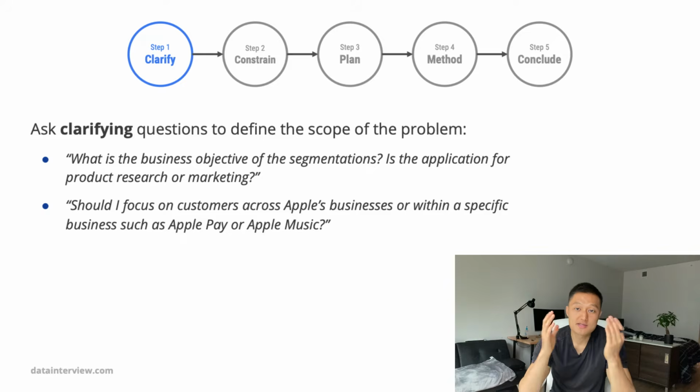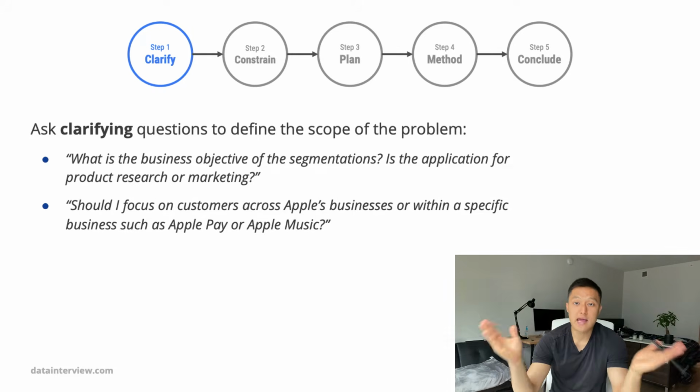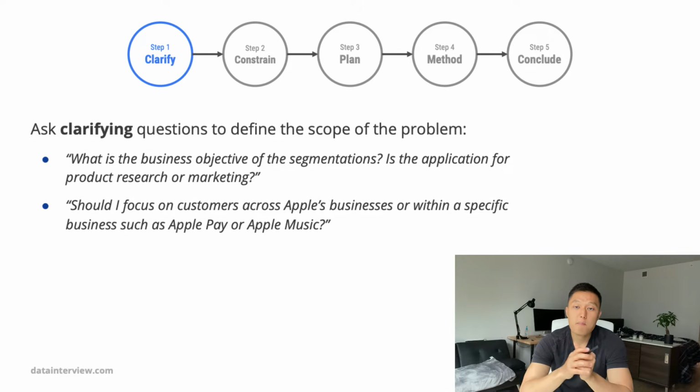Are we talking about segmenting across all of Apple's customers or customers within a particular business? Because we have to keep in mind that Apple is a conglomeration of multiple products, services, and businesses. And so we may not necessarily want to apply the segmentation strategy across all of the Apple customers as a whole. Maybe there's a particular business that we want to focus on, and within this type of business, we want to segment the users.